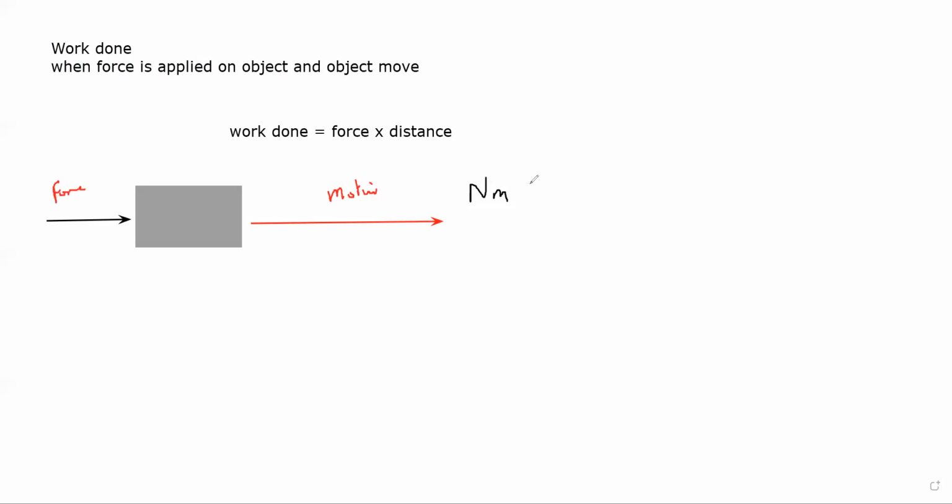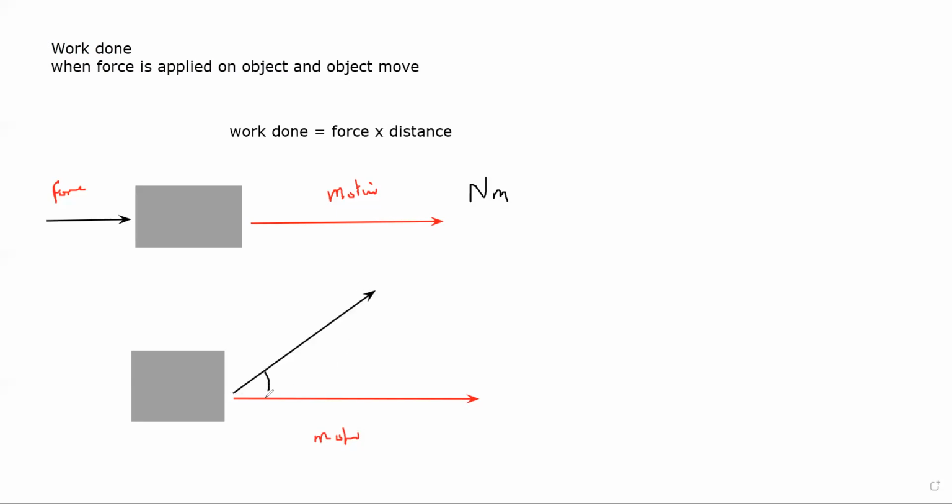and the direction of the force is also the same. But what will happen if the force is making a certain angle? In that case, the force also has a component. If the object is moving towards the right, that's the direction of the motion, but the force is not exactly towards the right.